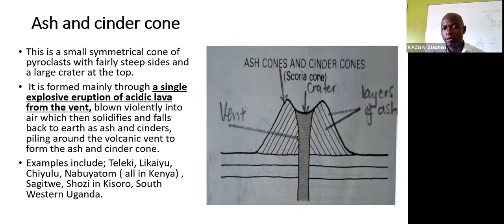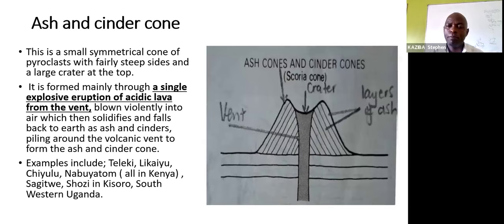So formation: we have a single explosive eruption of acidic lava from a vent. Nature of passage, vent. Number of eruptions, single. Nature of eruption, explosive. Nature of material, acidic lava. And it is blown out violently into the air. So the material gets out of the ground into the air, then it comes back and it piles around the vent to form an ash and cinder cone.